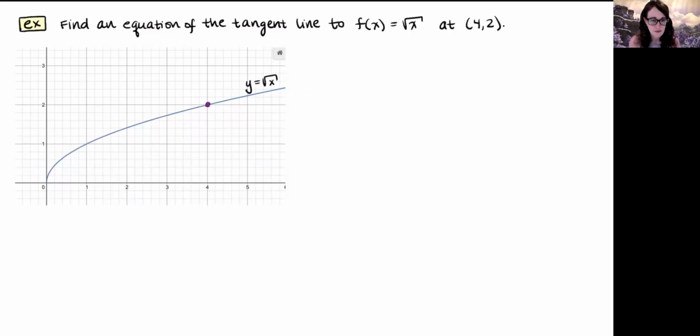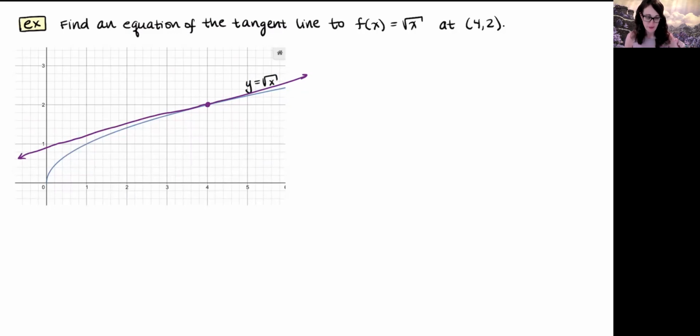And well, if you sketch in the tangent line, I don't know, that might look something like this. Something along those lines, maybe a little straighter. It's hard to make things perfectly straight. So here it is. We want to find an equation of this thing.